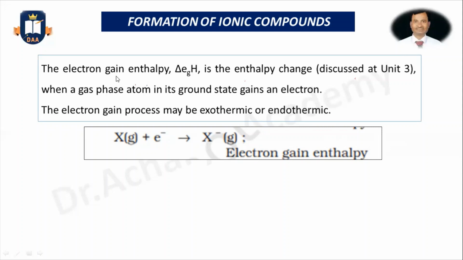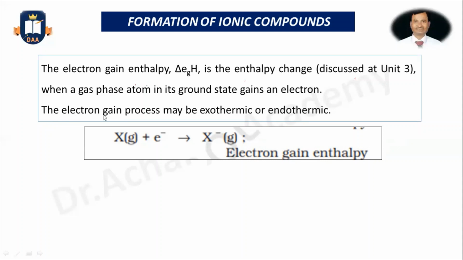This electron gain enthalpy is the enthalpy change when a gas phase atom in its ground state gains an electron. You can see now this X atom in gaseous phase in its ground state will add one electron to form an anion, X minus, in gaseous phase.